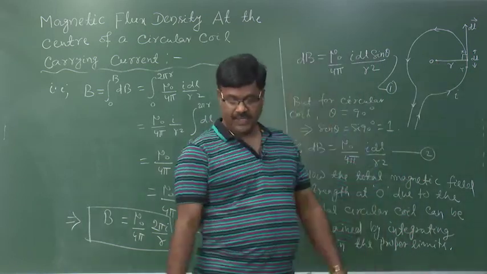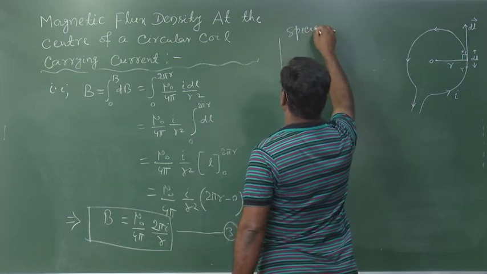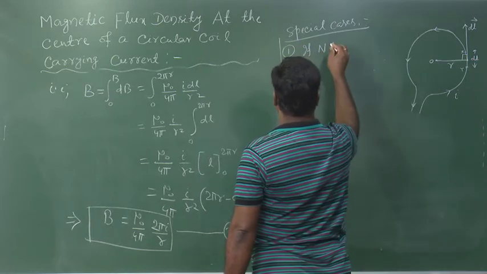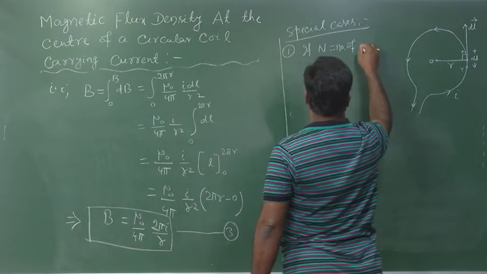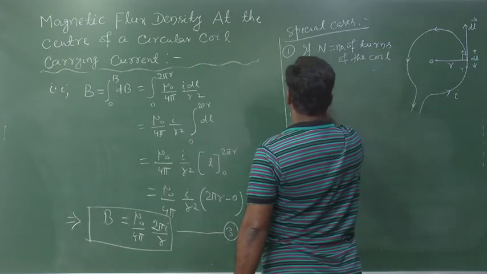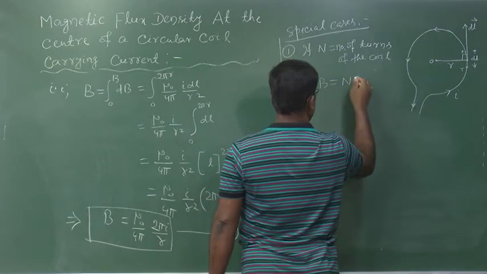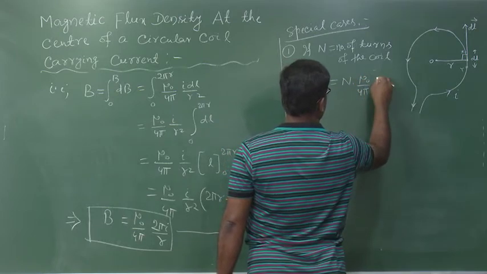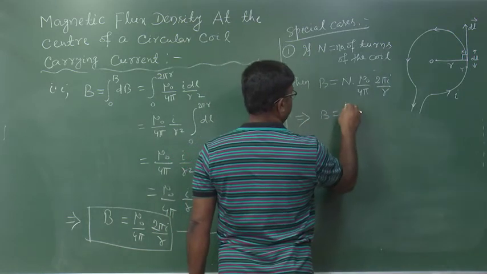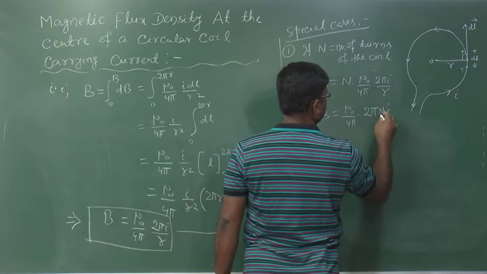Now, let us discuss the special cases. Number 1, if capital N equals the number of turns of the coil, then B is equal to N times mu 0 by 4 pi 2 pi I by r, which implies B equal to mu 0 by 4 pi into 2 pi N I by r.